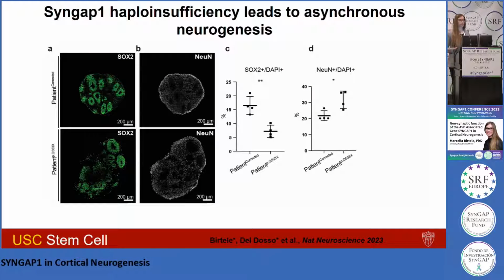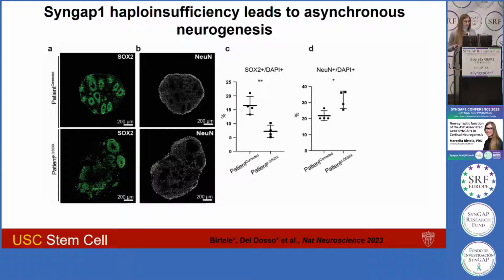So we performed a quantification of the total number of SOX2 positive cells, so progenitors and neurons. And what we could see also in the other lines was that the patient-derived lines had a decrease in the progenitor population and an increase in neurons.